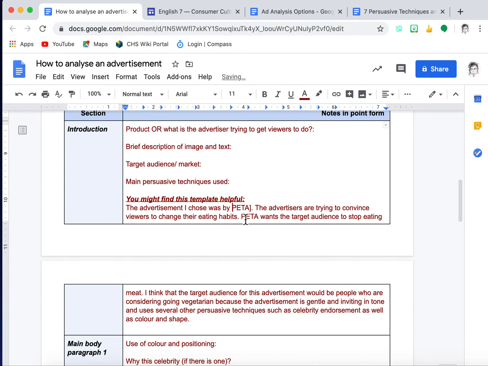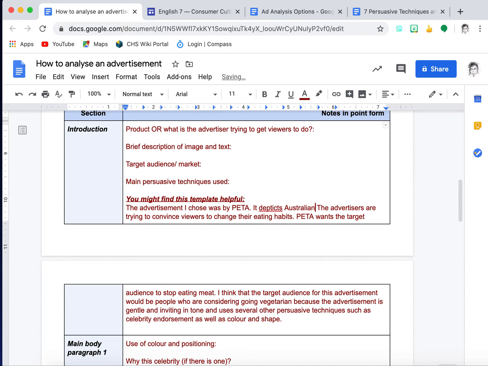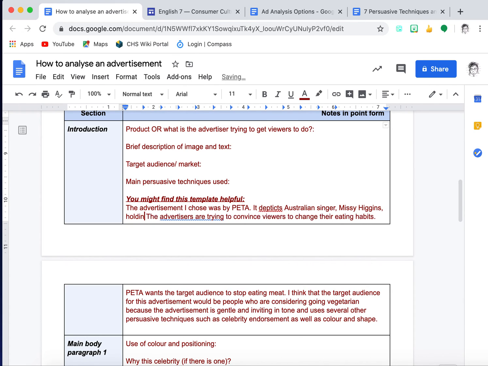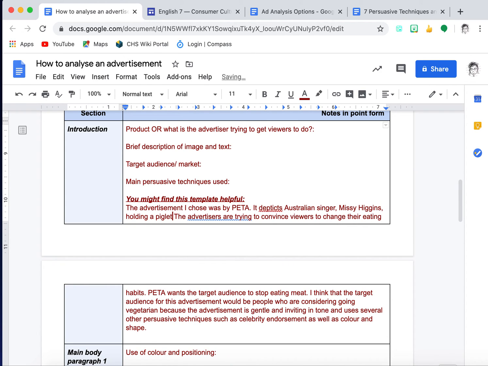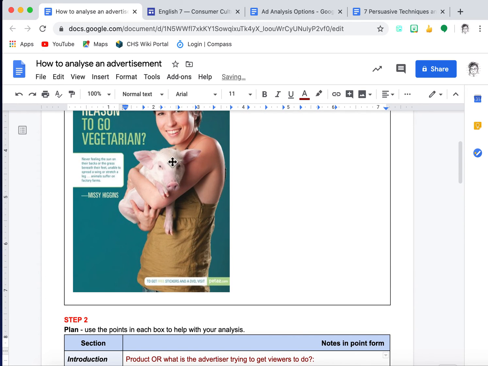So if we have a look here, the advertisers are trying to convince viewers to change their eating habits. The advertisement I chose was by PETA. It depicts Australian singer Missy Higgins holding a piglet. It would be good if I spelled this. Holding a piglet. Okay.